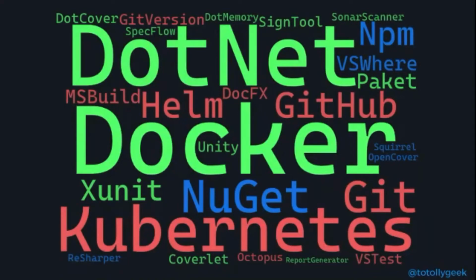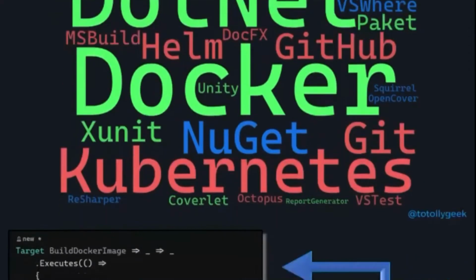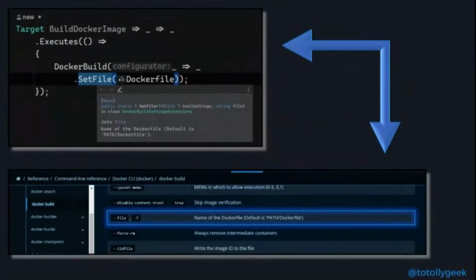And that's the real cool thing about that, is that when you're writing your code in your IDE and you're getting the help for each method or property, you're getting the actual help that you can see on the command line reference, either on the site, or if I run Docker help, it will show me the same thing as you're seeing here for Docker build, which is really awesome and makes it easy.